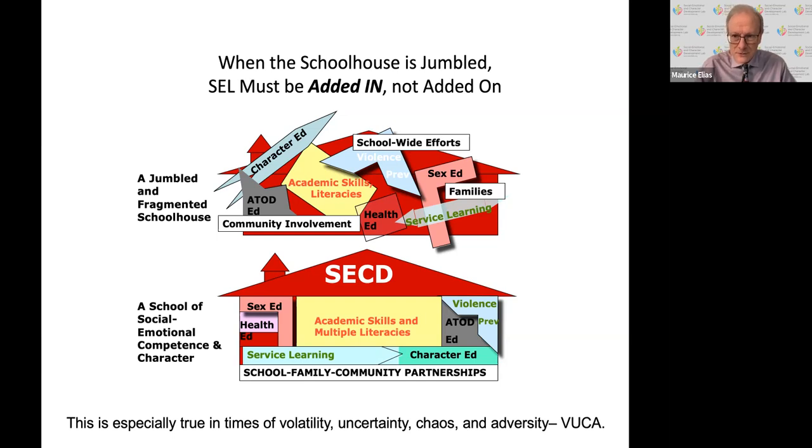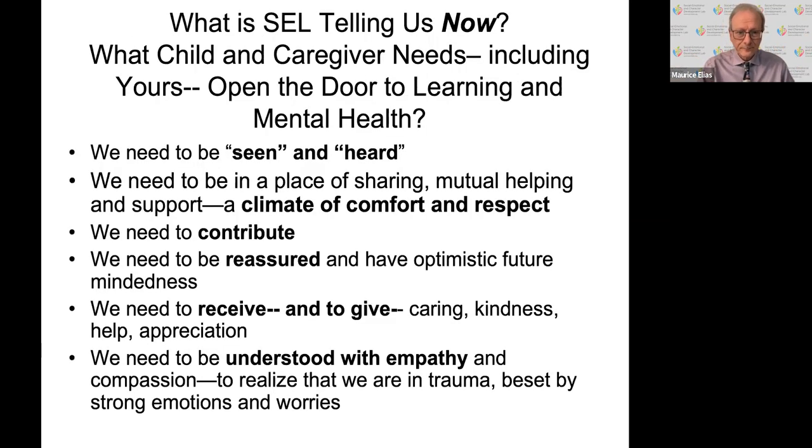It helps our schools tell a story, helps us establish what our schools stand for, and then it organizes our activities so that they're all heading in one basic direction, preparing our kids for success in school and life. So the first thing is that SEL tells us how we have to honor the time we're in.